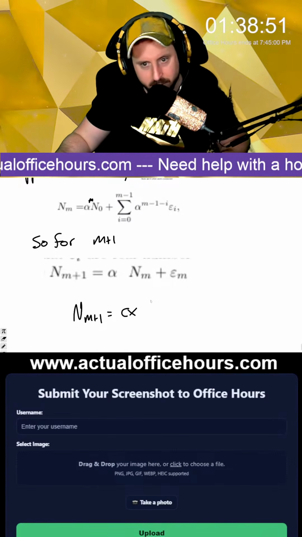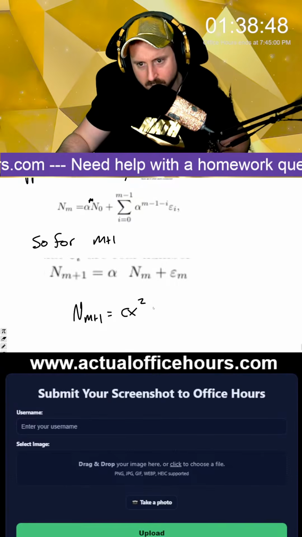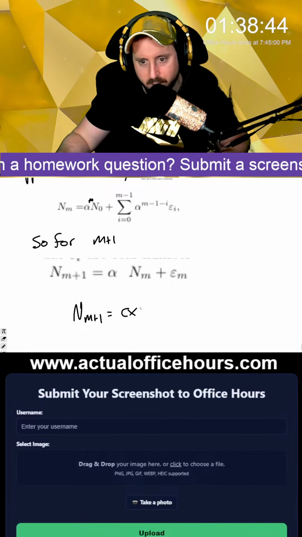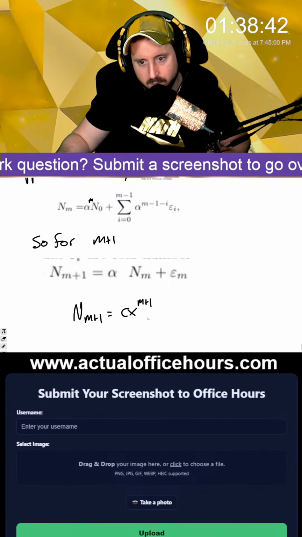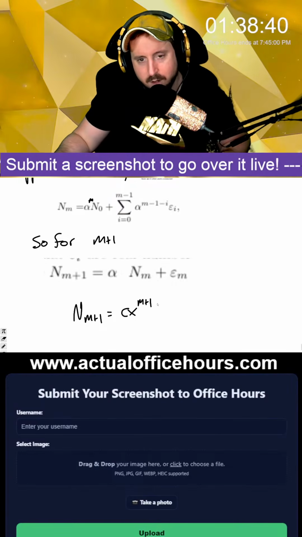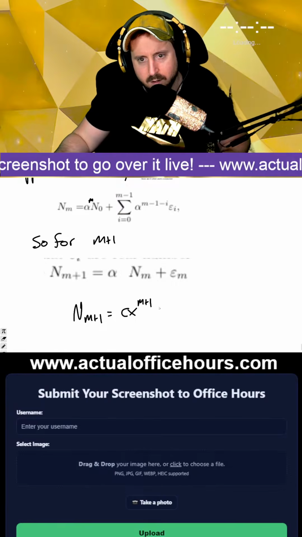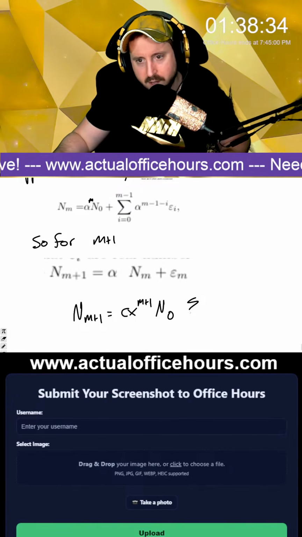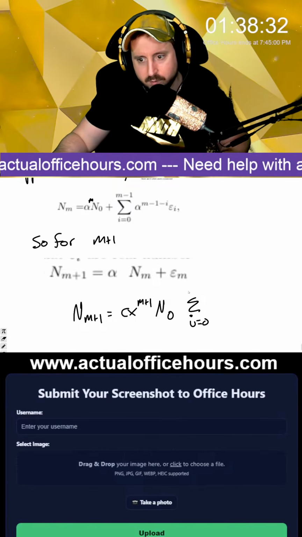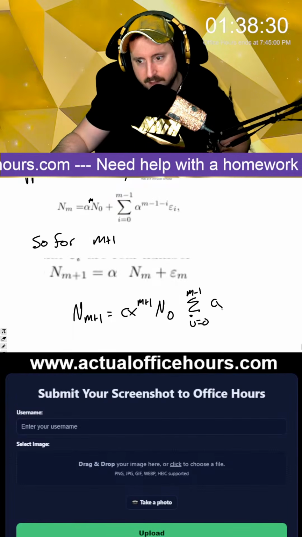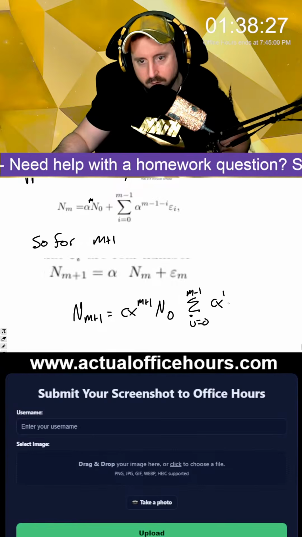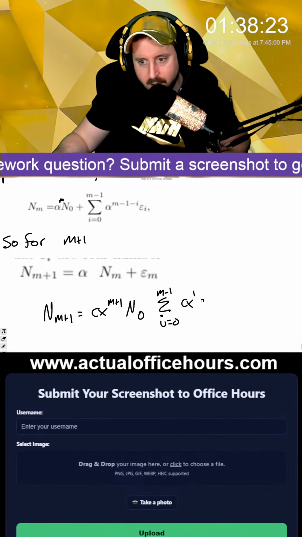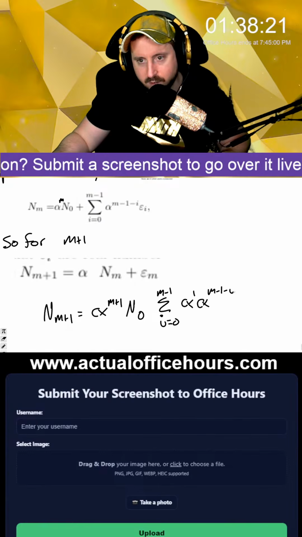That's gonna be alpha to the m plus 1, times n naught, and then summation i equals 0 to m minus 1, and then alpha times alpha to the m minus 1 minus i, epsilon i.